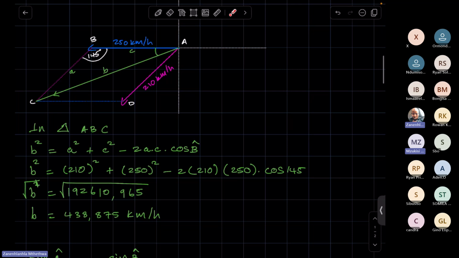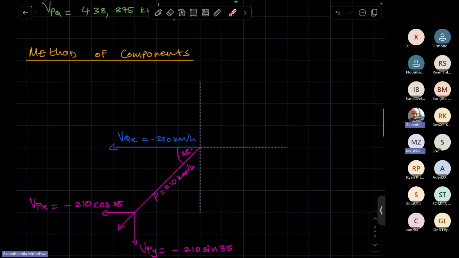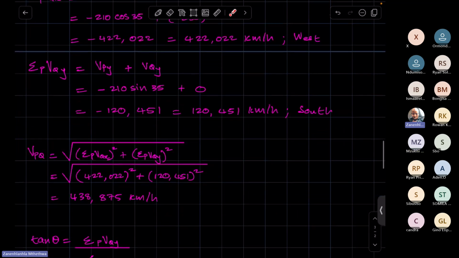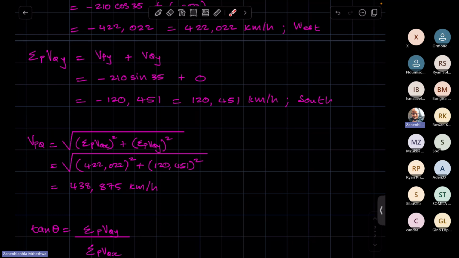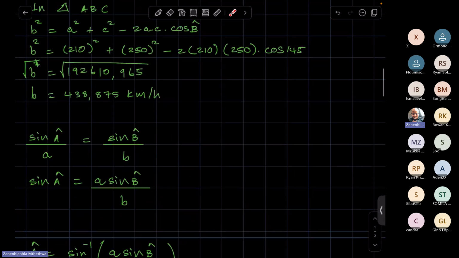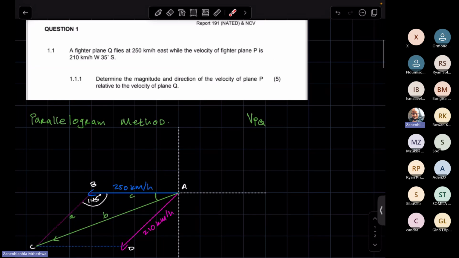You get everything wrong just because you interpreted the statement wrong. I would give you marks for the resultant, but say like this one, I think this question was 5 marks, right? This question is 5 marks.